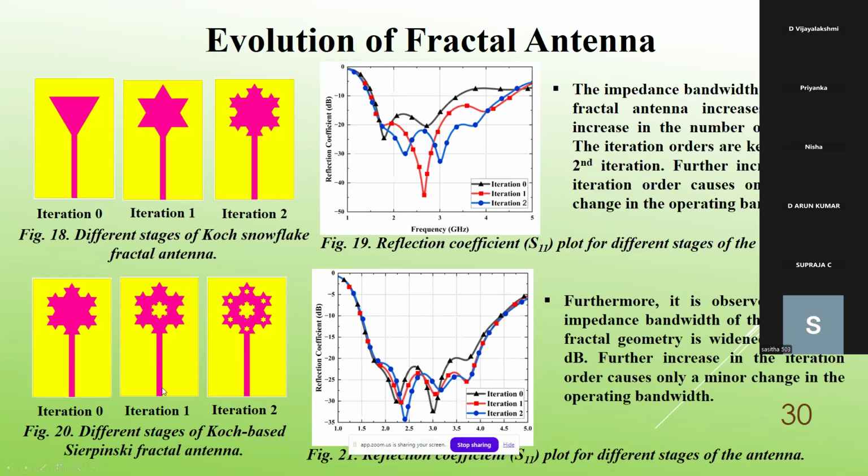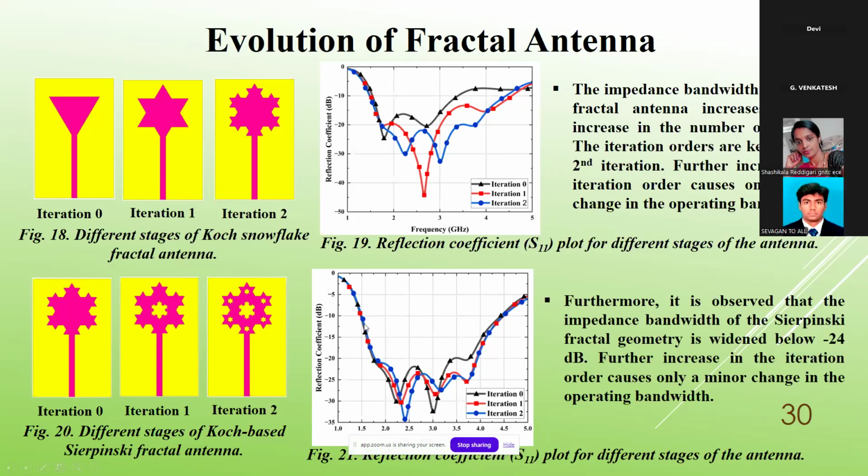In iteration 2, each outer side or each segment we have created with Koch-Sierpinski fractals. So this gives a hybrid type. Two types of fractals are used because it gives better performance in terms of frequency reconfigurability.